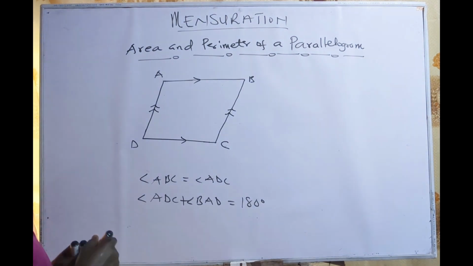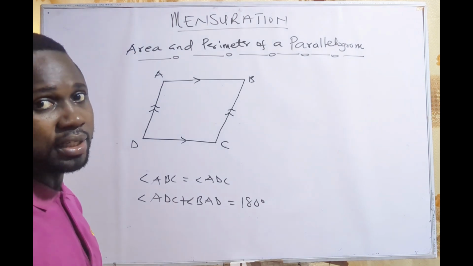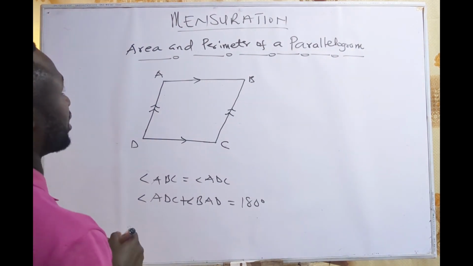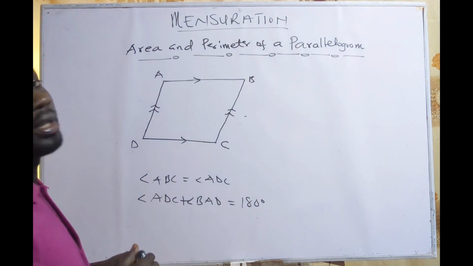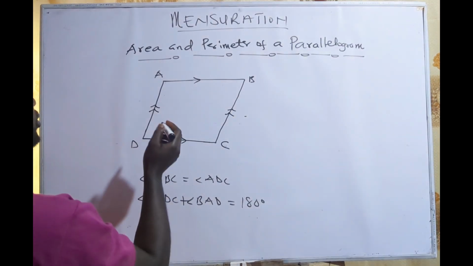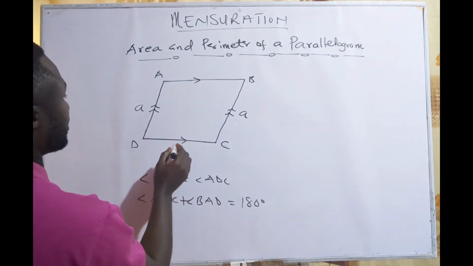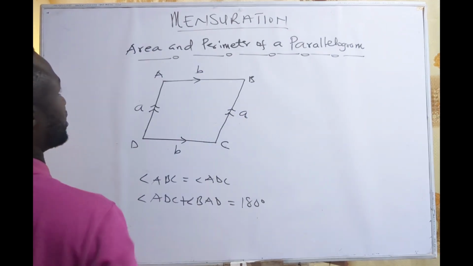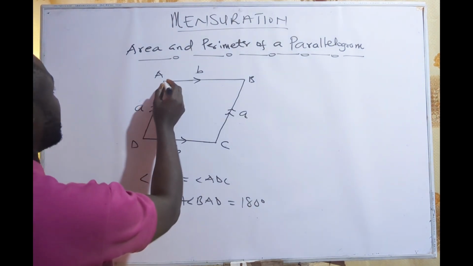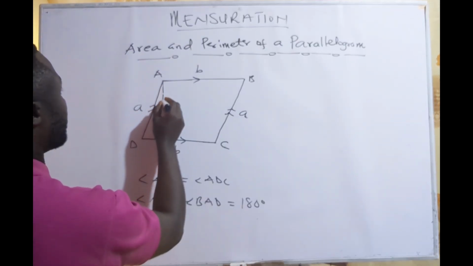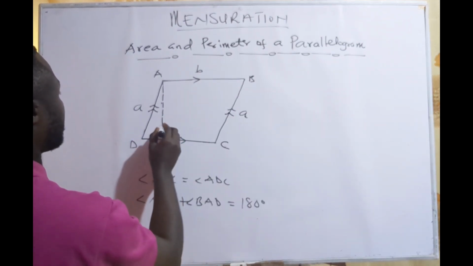Let's talk about the area and then the perimeter. In a parallelogram the opposite sides are equal and parallel. If here is side A, then the same applies here. If here is B, then the same applies here. For the area, we need the height of the parallelogram.